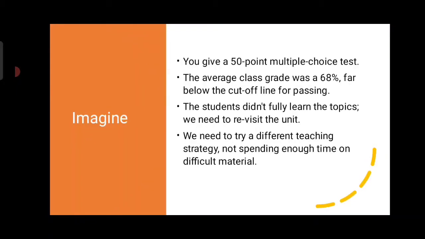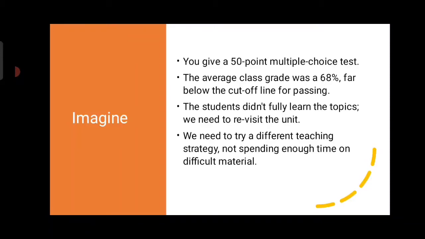After finishing the unit on cell division, because you are teaching students learning biology, you give them a multiple choice test. Upon grading the exam, you realize the average class grade was 68%, and that means far below the cut-off line for passing.